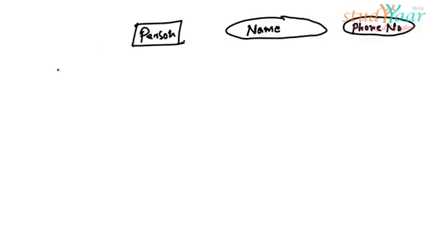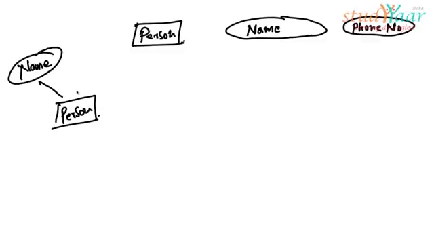So we talked about how an entity has attributes. How do we relate these attributes to the entity? That can be done by connecting the attribute to the entity. So we represent this entity like this.